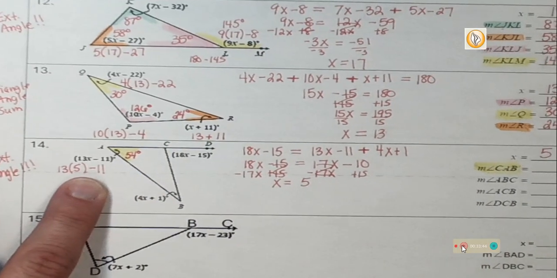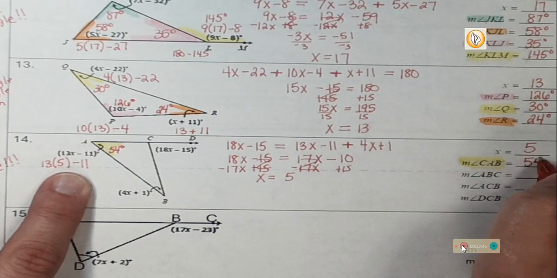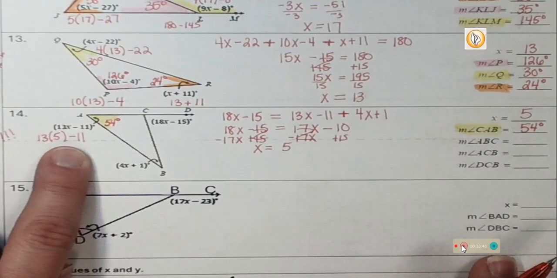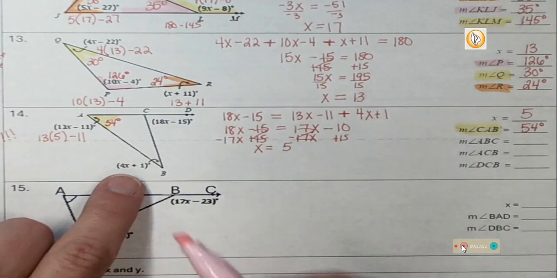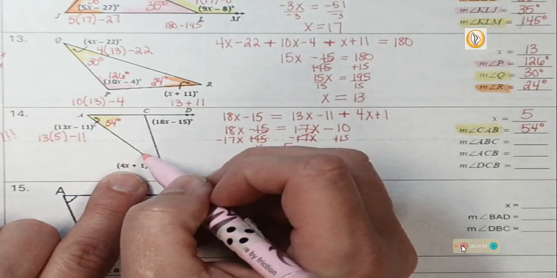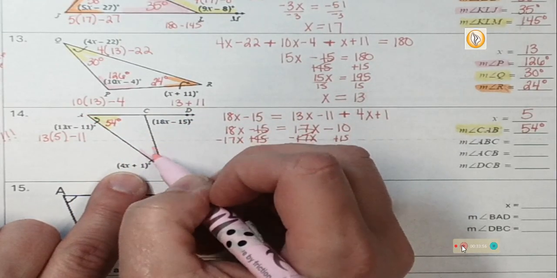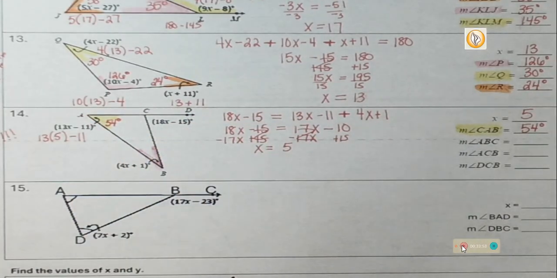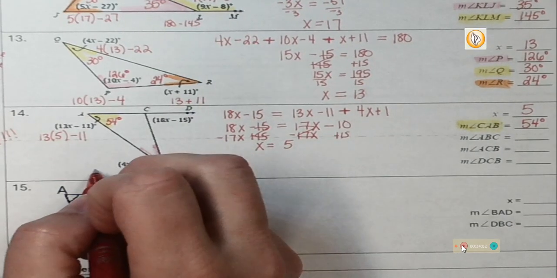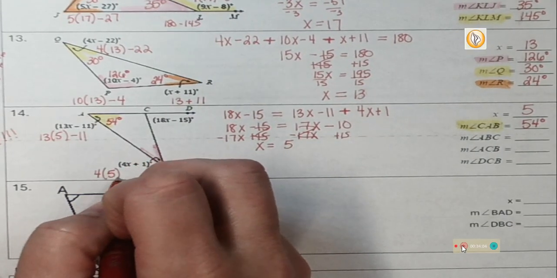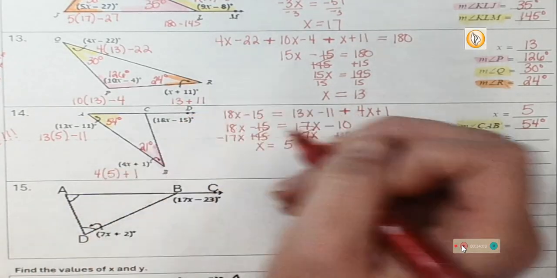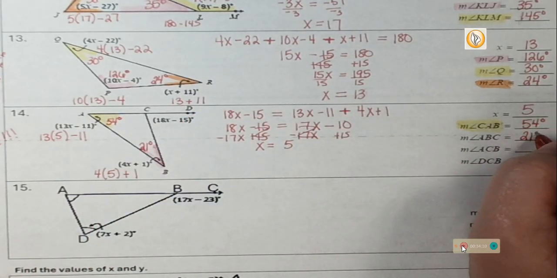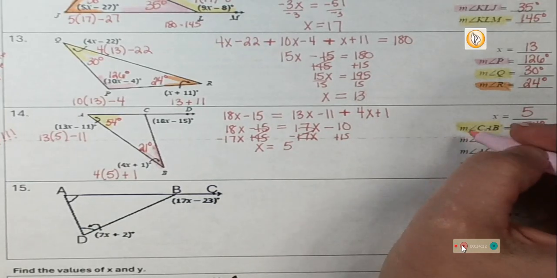It should give you 54 degrees. So you're paying very close attention. All right. My next angle I'm going to be asked about is angle ABC. That's this angle. ABC is 4x plus 1. So 4 times x, which is 5, plus 1 is going to give you 21 degrees. Okay, so I used pink for that one.